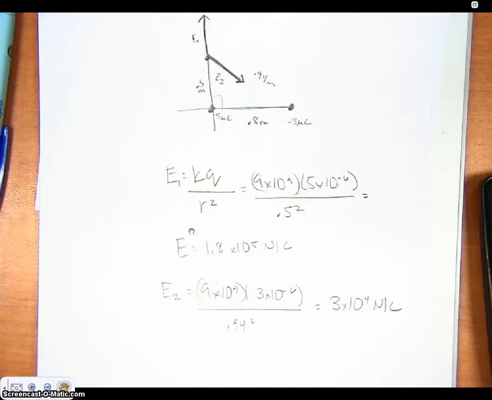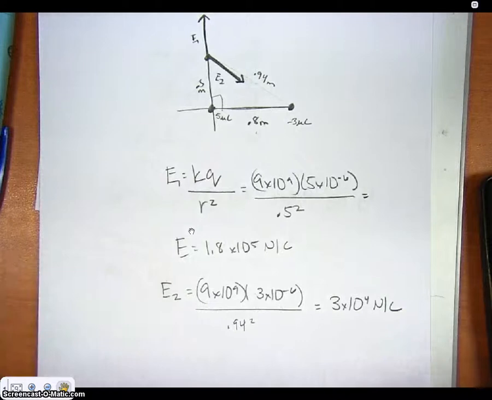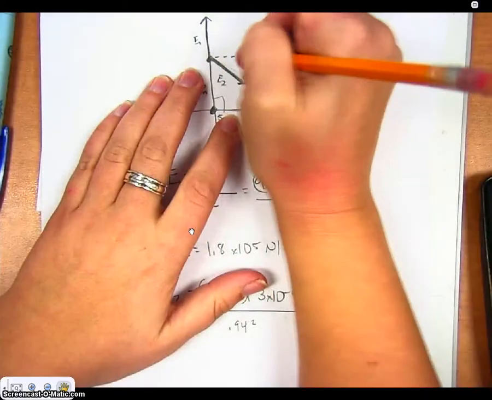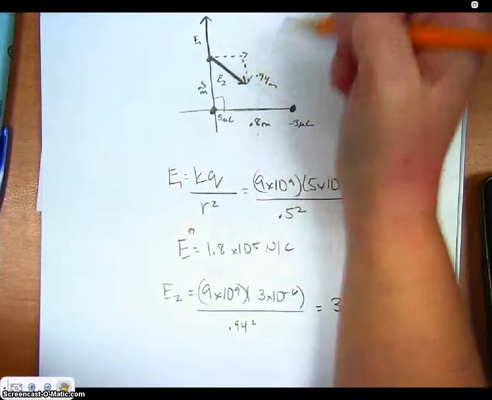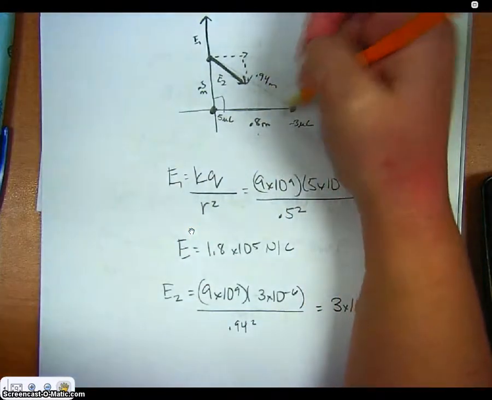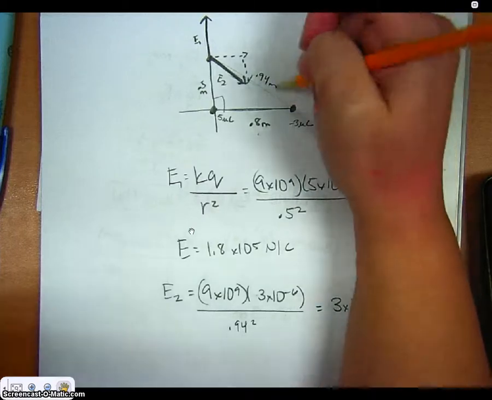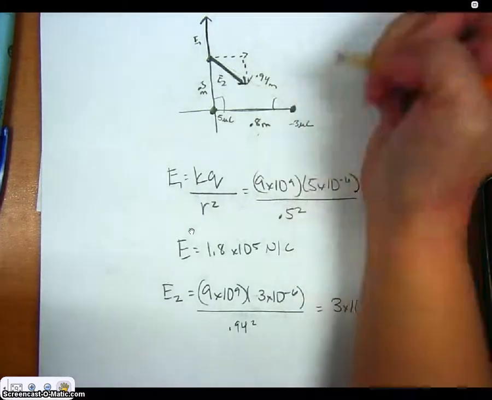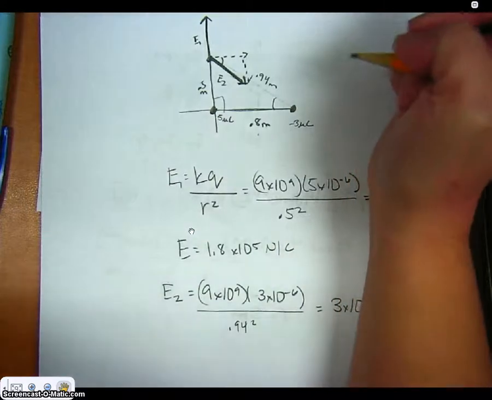Now we have those two vectors, and now we actually have to figure out the net, right? So we have to find the x and y components of this vector. We need to know the angle, and in order to know the angle, we need to use some trigonometry. So I'm going to shoot for finding this angle because that would be the same as this angle because they're complementary angles.